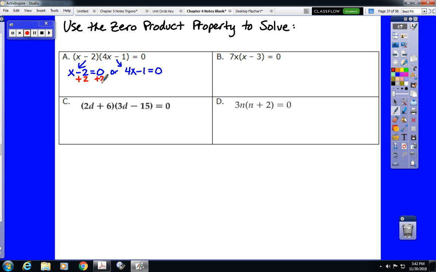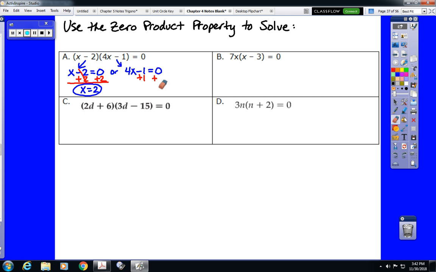So we would add 2 to each side of the first equation, which would give us our first solution of x equals 2. The second equation is a two-step equation. First we would add 1 to each side. Oops, 1, not 4. Let's fix that real quick.